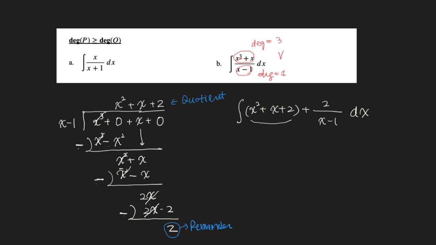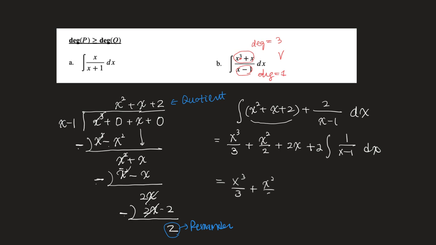So you can find this: x cubed over 3, x squared over 2, 2x, plus this part. I'm going to write it one more time, 2 over x minus 1, but you can put the 2 outside. So this is x cubed over 3, plus x squared over 2, plus 2x, plus 2 times the antiderivative of 1 over x minus 1, which is ln of the absolute value of x minus 1, plus c.